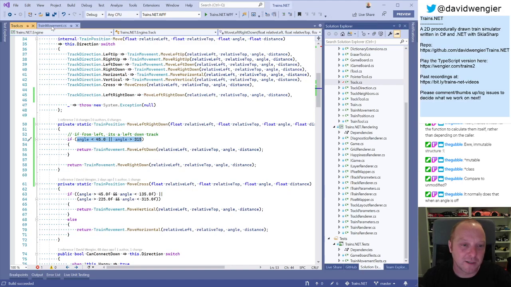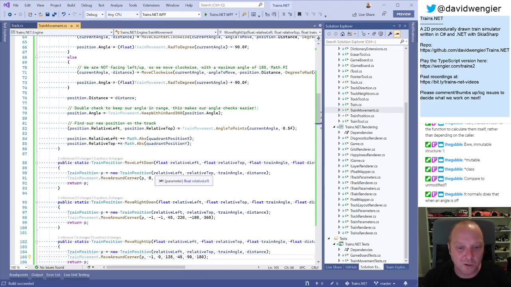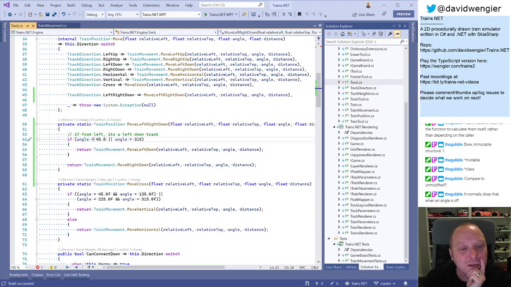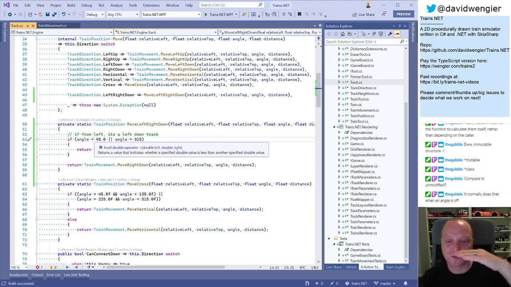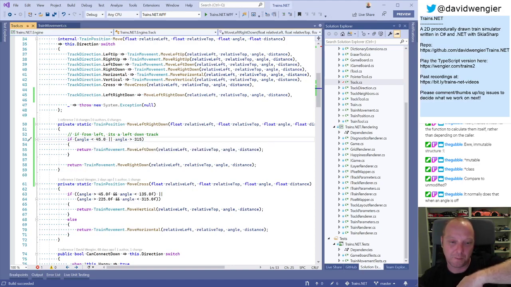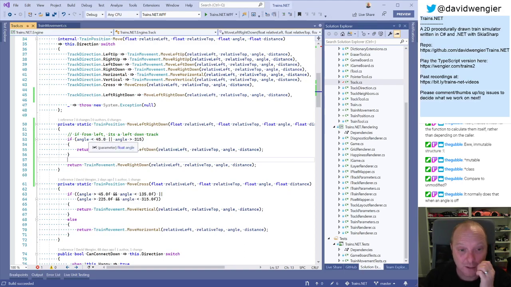So that's left down clockwise. So that starts at 0, goes down to 90. Yeah, so this is causing it to jump to the right down path when it's halfway through that track, which is wrong.